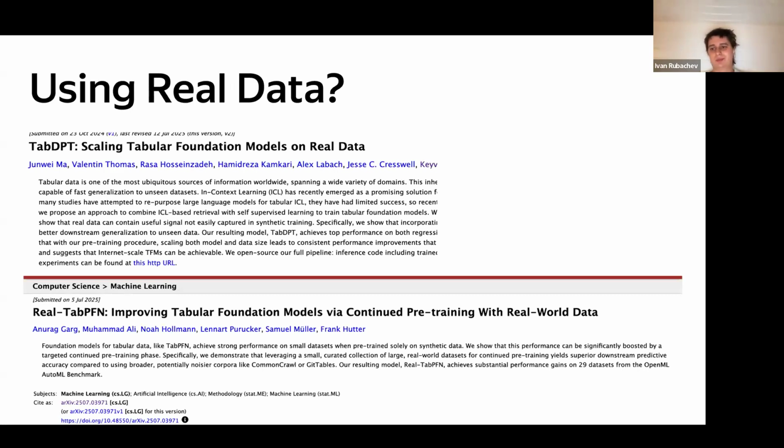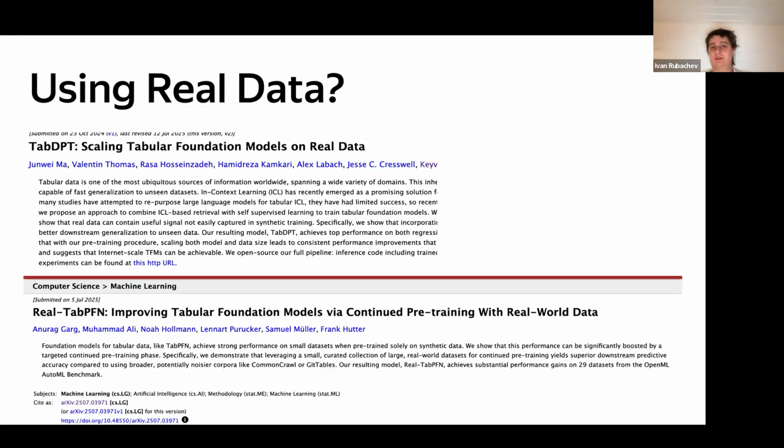It argues basically for using real data, and as much as we can. The second one actually does continued pre-training on real datasets, and it shows that it also provides substantial performance gains on benchmarks. So yeah, maybe using real data is the way. I guess we should answer this better.